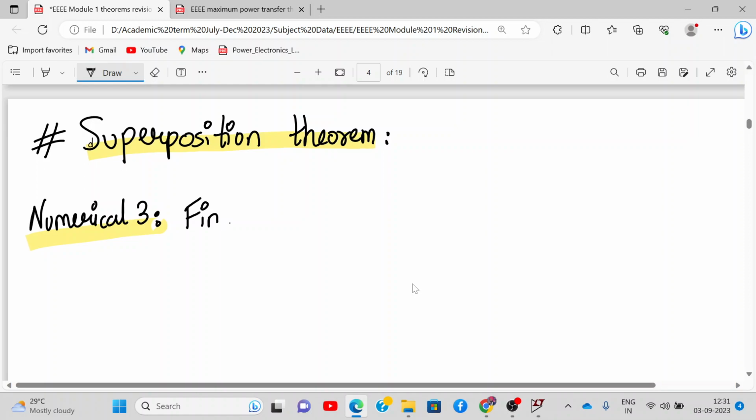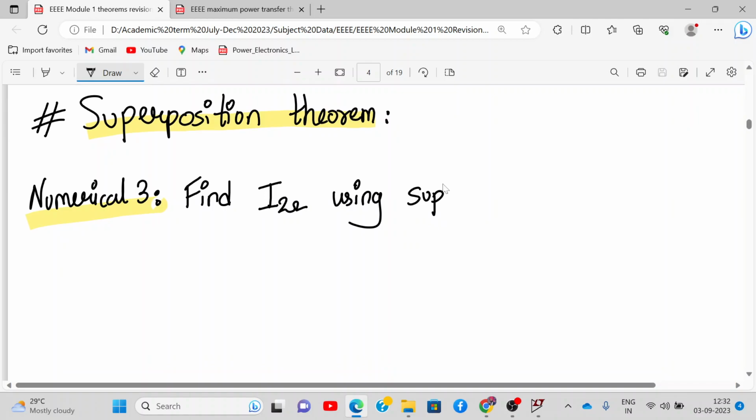So write down, find I of 2 ohm using superposition theorem. Wait a second, my tab is a little bit misbehaving. So you write find I of 2 ohm using superposition theorem.